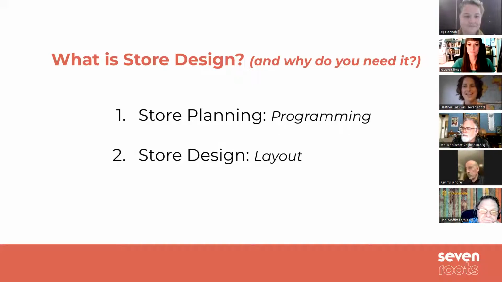And that's to say, no Tetris, right? We're making informed choices here about why things go where they go, to make sure that it's going to work well for customers, work well for staff, and get the co-op what it needs to achieve financially.